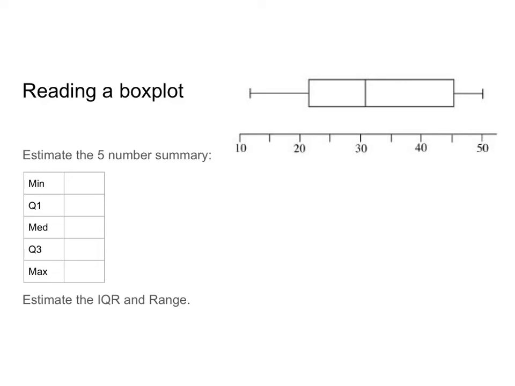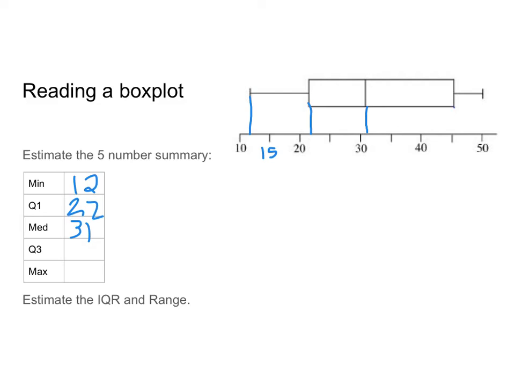All right, so for our estimates, the minimum, to me, this says a scale of 5, so that looks like it's probably at about a 12. Q1 is maybe at a 22. I'm just drawing in these lines to kind of help me see it. The median is maybe at a 31.